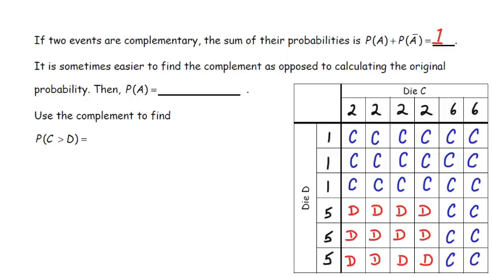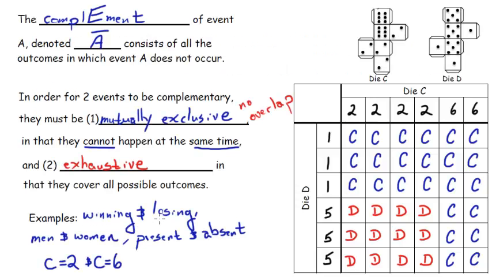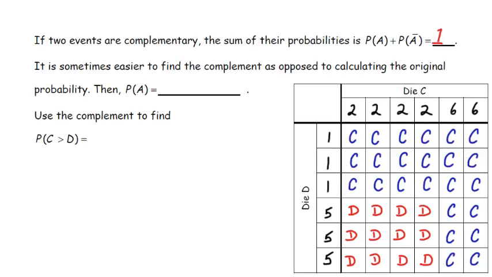What is the probability that I win or I lose? Well, those are my only options, so that's going to be 100% of the time. Or that I select a man or a woman. Well, those are my only options. That I'm either present or absent. So again, if two events are complementary, we know that the sum of their two probabilities is always going to be 1.